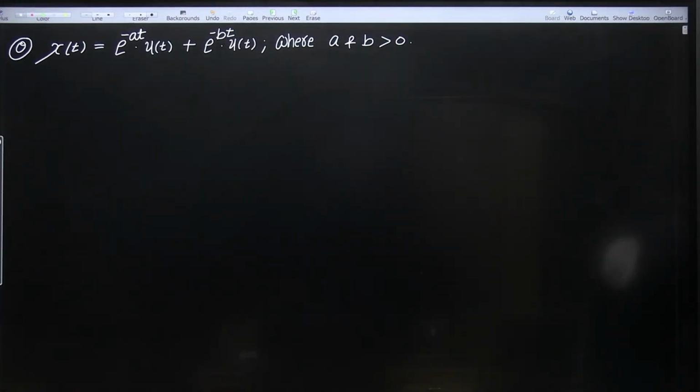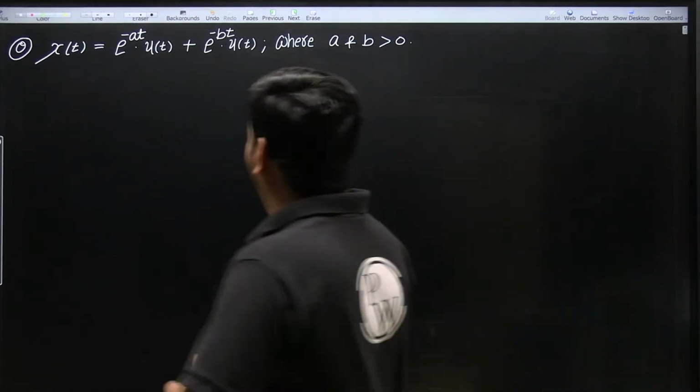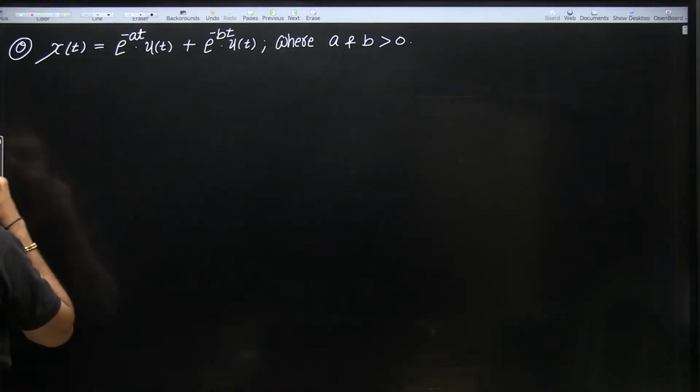Okay, so we want to calculate the energy of the x(t) signal. Let us use the formula.